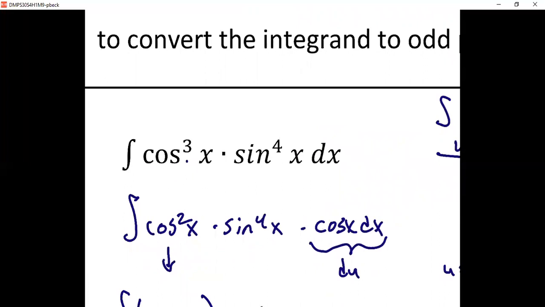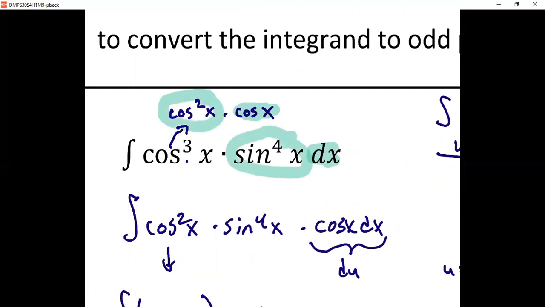So when we have this as our overall chain, we are going to break up the cosine cubed into cosine squared times cosine. Now, what's the purpose of me doing this? The purpose is that I am looking for one of the cosines to be taken out so that I'm left with even powers.